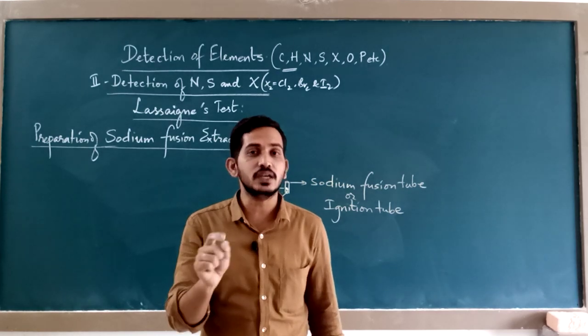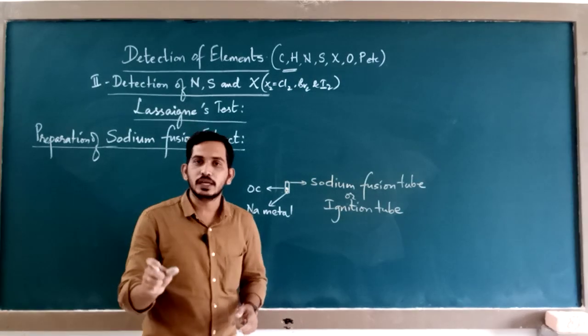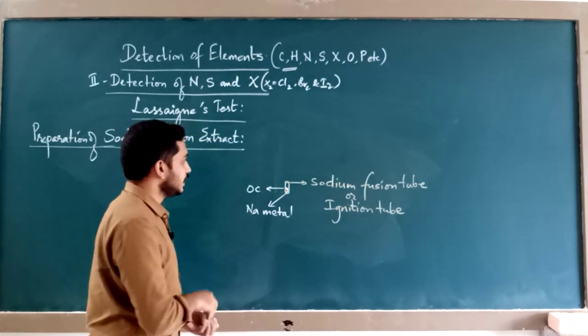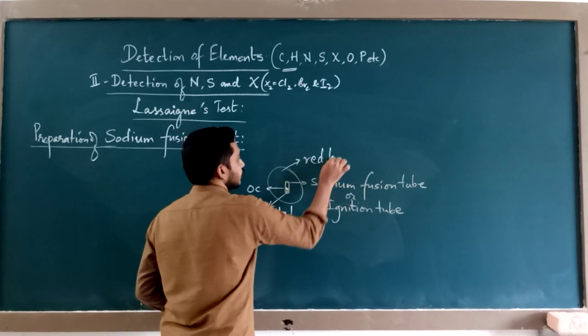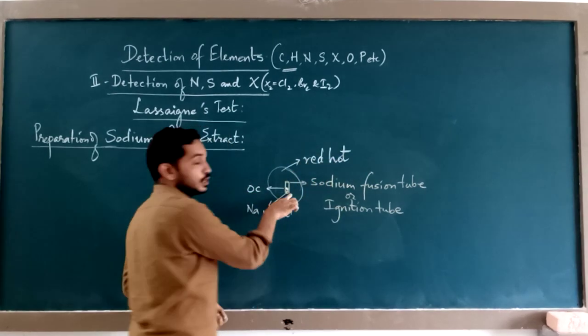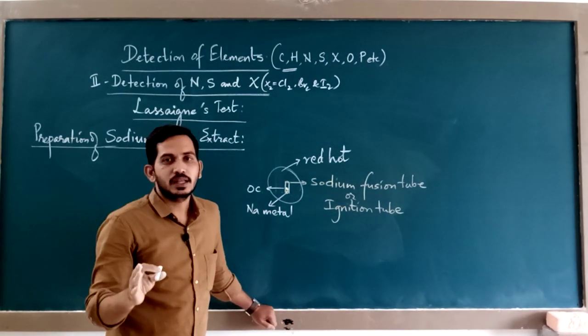What do you heat strongly? You need to heat the sodium fusion tube or ignition tube strongly until it becomes red hot. The sodium fusion tube, which is obviously made of glass, should become red hot.